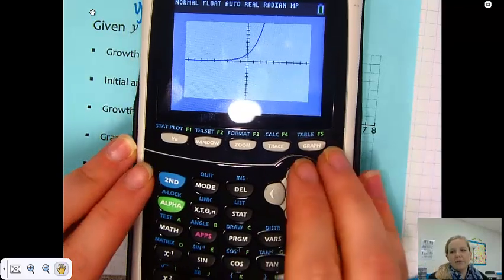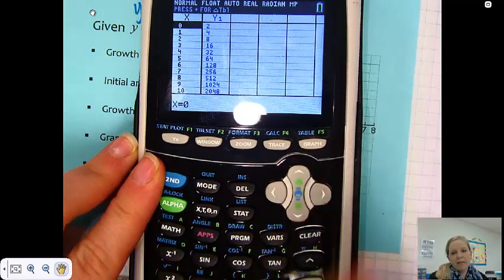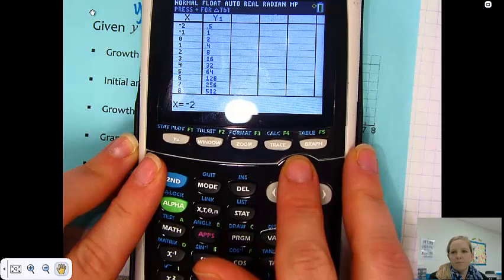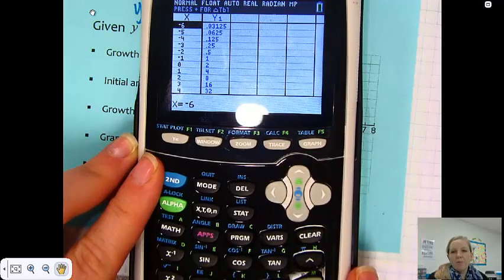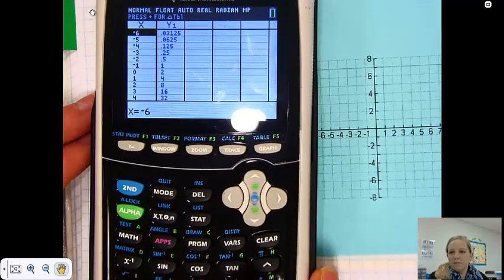Okay, so the next thing I want to do is go over here and go to my table and find a few values, because that will make it easier for me to plot. Okay, so I have the point -1, 1, so let's plot that point first.